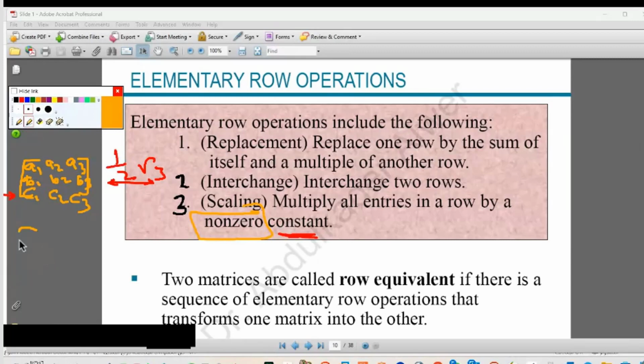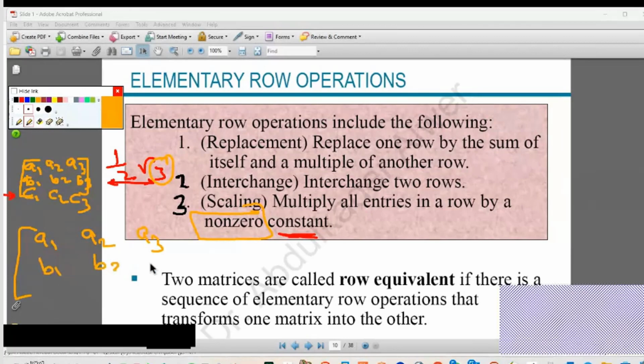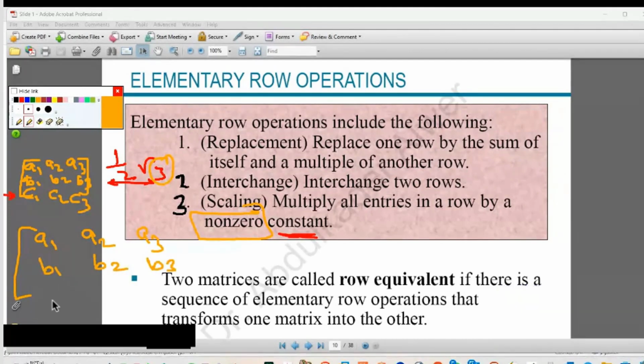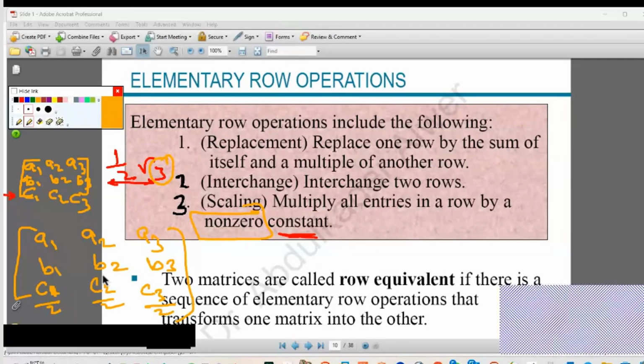I work just on R3, so no change in R1 and R2: A1, A2, A3, B1, B2, B3. Now working on R3, it is C1 over 2, C2 over 2, C3 over 2. Got it? Any question about this? This is the scaling row operation.